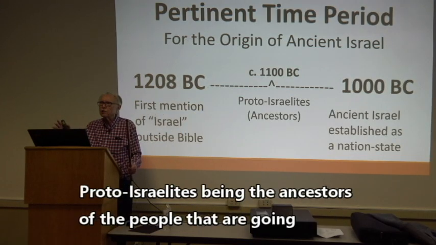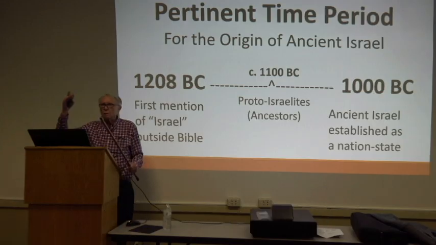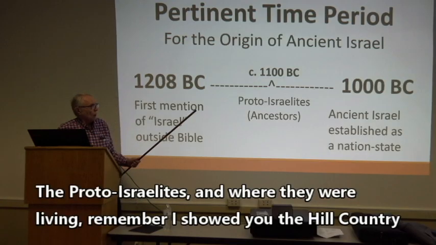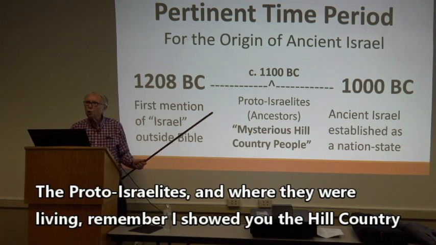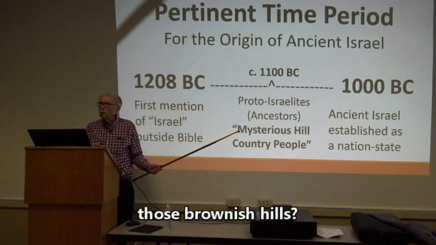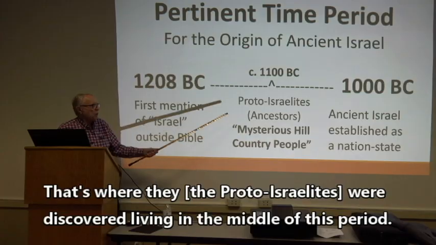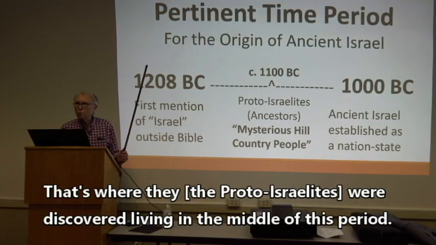Proto-Israelites means the ancestors of the people that are going to found Israel. I know this is probably difficult, but the proto-Israelites, and where they were living, remember I showed you the hill country, those brownish hills? That's where they were discovered living in the middle of this period.